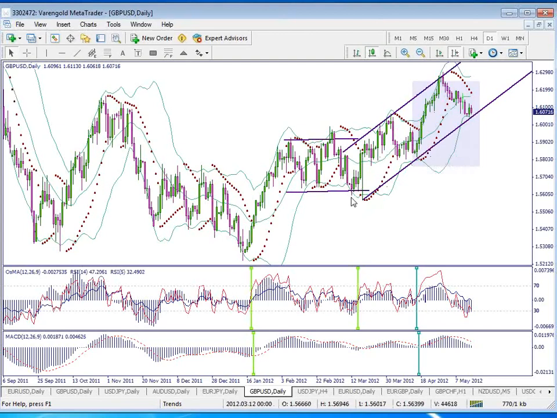For those 2 waves of the pair, the first one and the second one, I can anticipate with Fibonacci or something like this. I don't have any idea how the channel will be. After I have the first wave and the second wave, I have the channel. Until then, I don't have any idea about the channel.